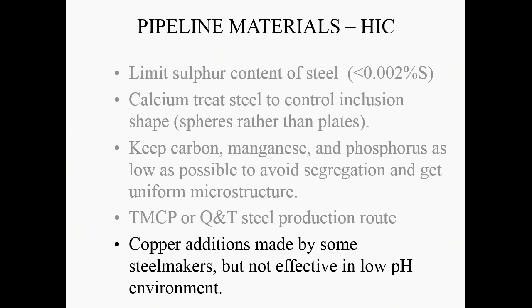And finally, if you are looking at what I would say is more the atmospheric corrosion, so if you're looking for acid rain resistance on the externals of pipelines, people will sometimes add copper to steel because that makes a very nice oxide that's protective on the outside.